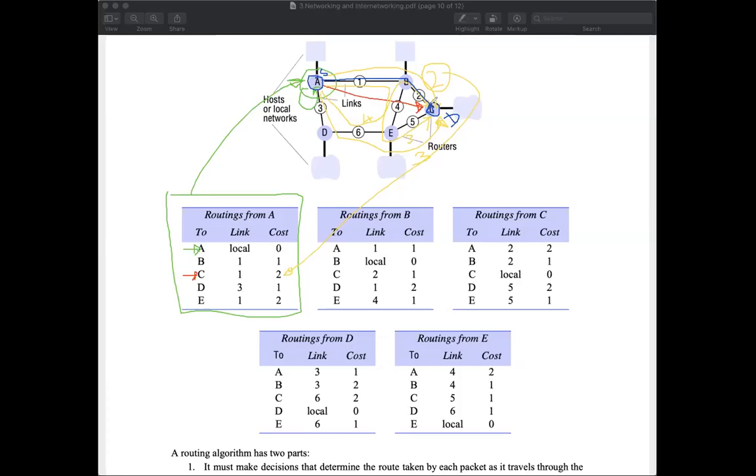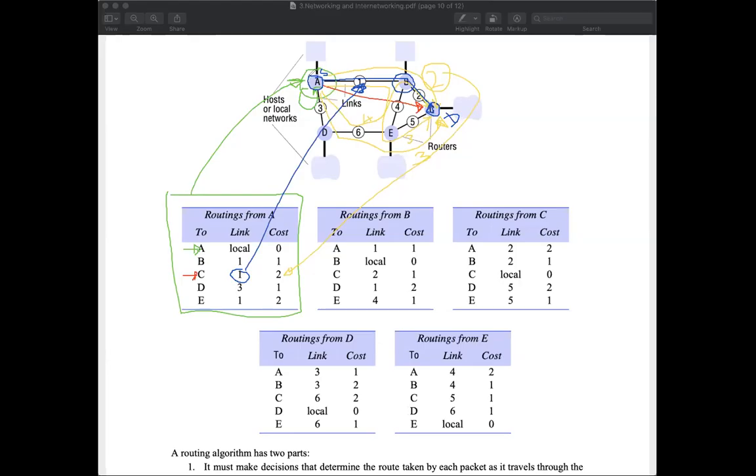In order to go in that direction, router A should redirect that packet to router B, the intermediate routing, right? Because of that, we have to choose link 1. That's why we pick link 1.